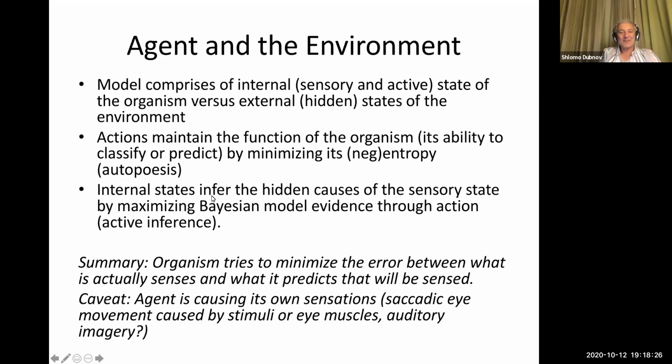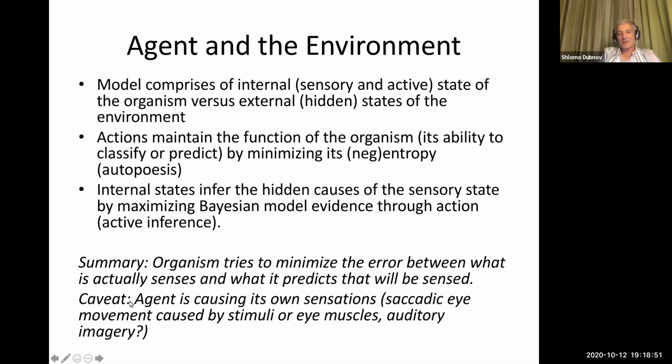So this is retelling the same story with all of these formal mathematical terms, but I hope it makes sense now intuitively. And the summary is the organism tries to minimize the error between what it actually senses and what it predicts will be sensed.